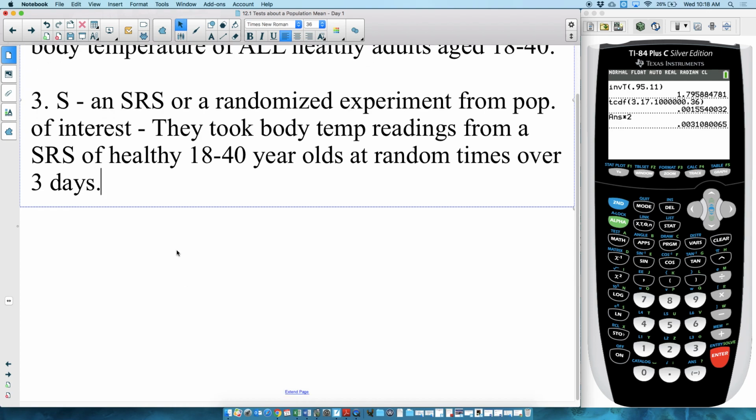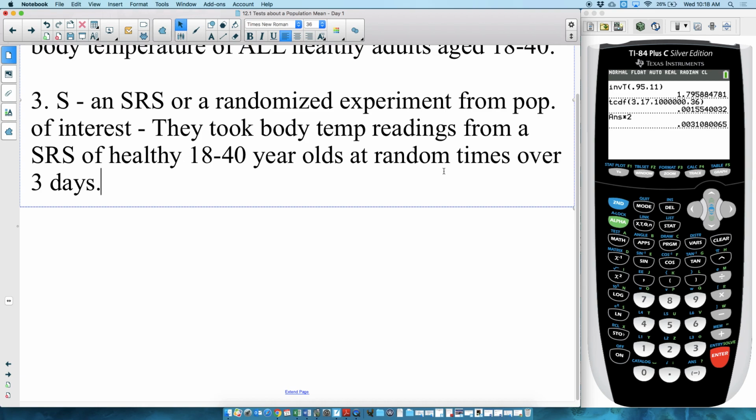I don't think you have to say therefore. I said it was random. Say what the readings were. They took body temp readings from an SRS of healthy 18 to 40-year-olds at random times over 3 days. Do you have to say that at random times over 3 days part? I think you need the random times because it's the temperature readings that are important, not the people themselves.